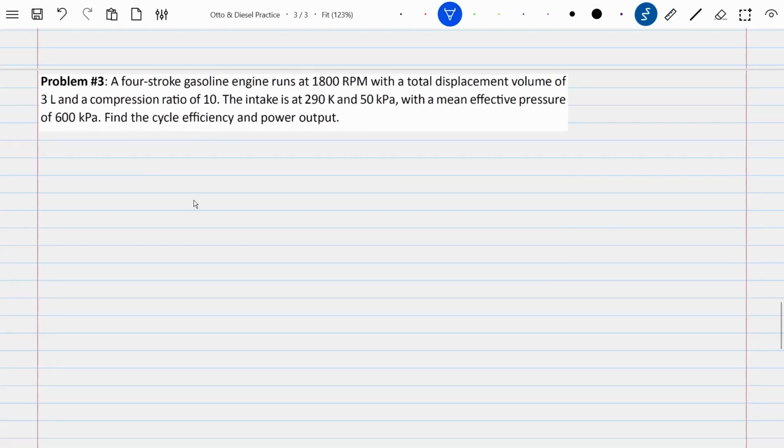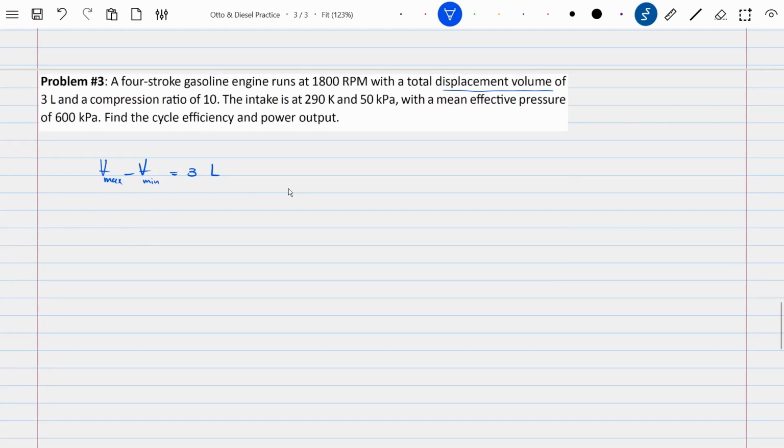Let's start with some of the things that are more interesting in the wording of the problem. Displacement volume. Now, from the lecture video, we know that the displacement volume is the max volume, the bottom dead center volume, minus the minimum volume, which is the top dead center volume. Now, this Vmax minus Vmin is 3 liters.